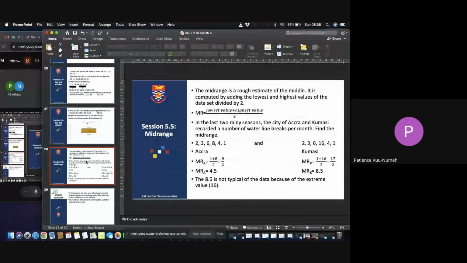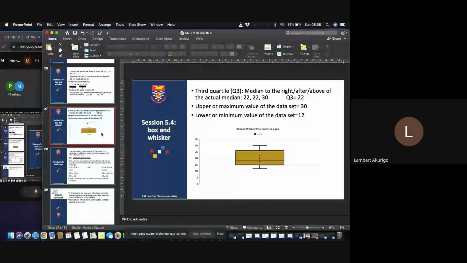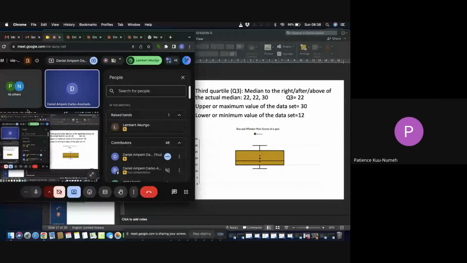Sir, please, I have a question. Why is it that two of the plotted points are in dot form, and I think the second quartile is in a star form?